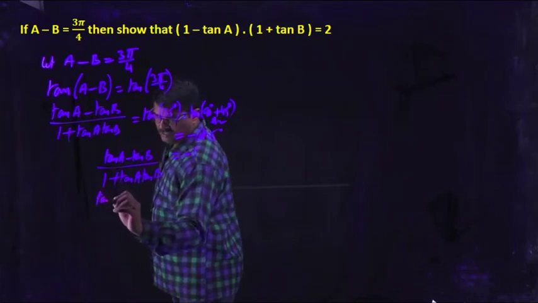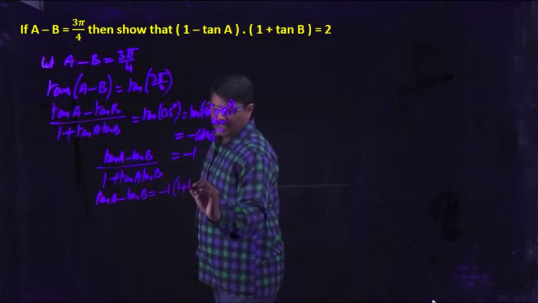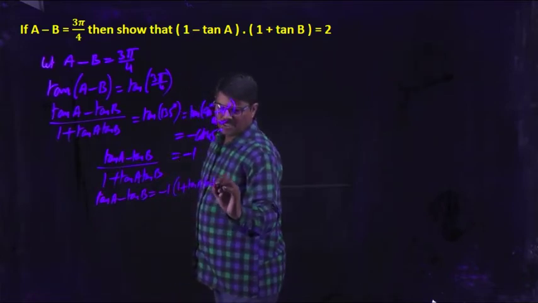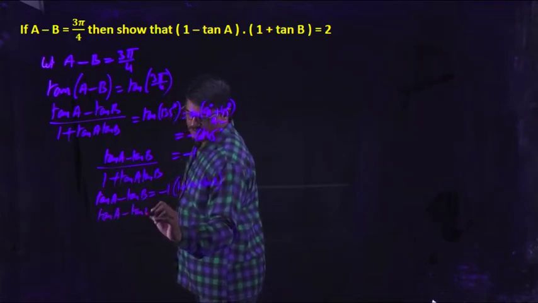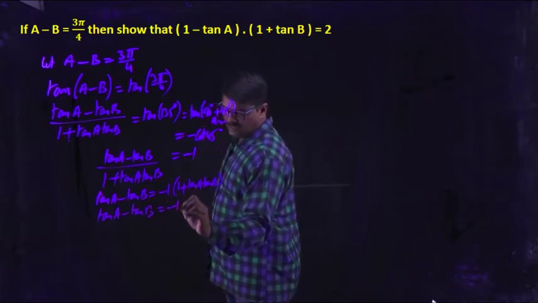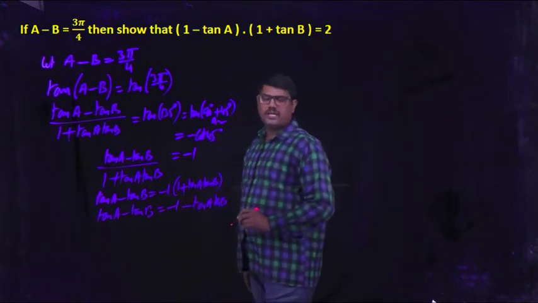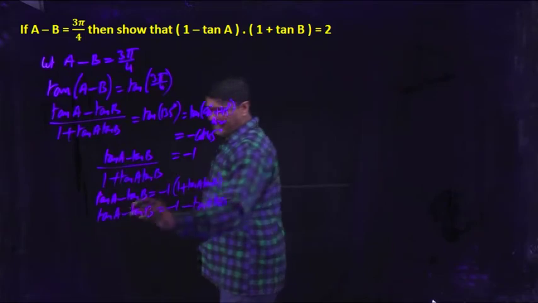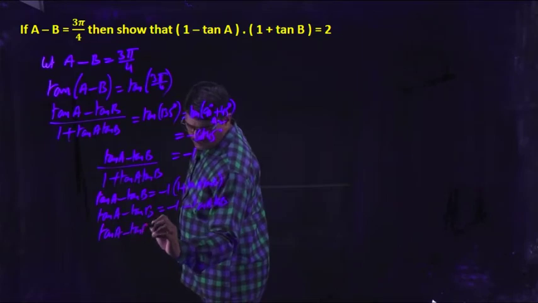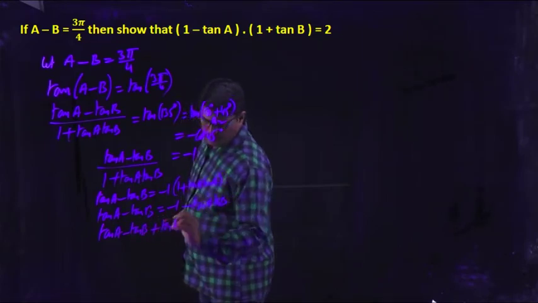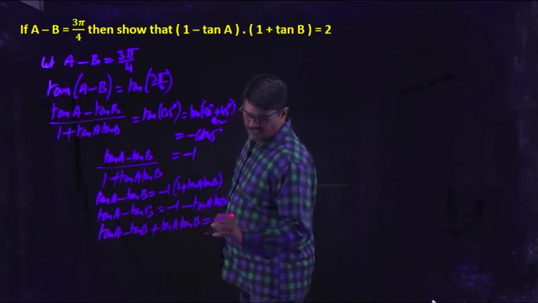So that it will become tan A minus tan B is equal to minus 1 into 1 plus tan A tan B. Tan A minus tan B is equal to minus 1 minus tan A into tan B. Taking minus tan A tan B to LHS, tan A minus tan B plus tan A into tan B, value is minus 1.